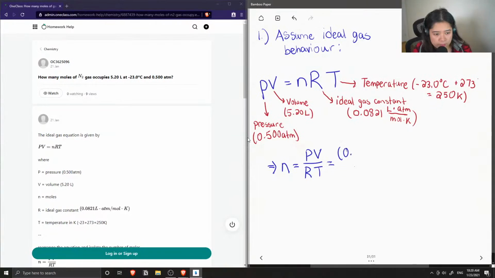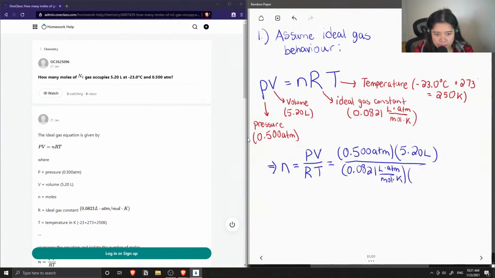The P was pressure, V was volume, R, and finally temperature.